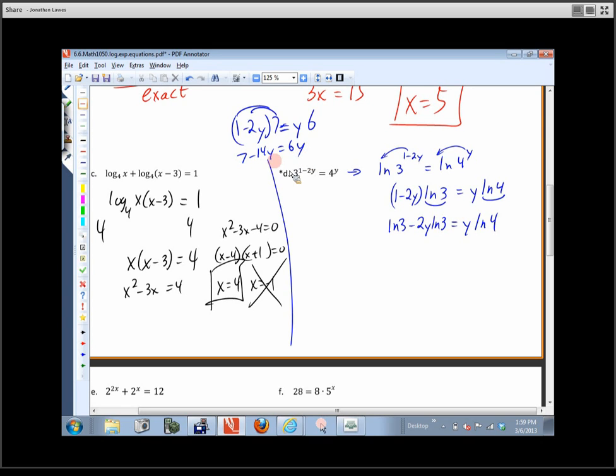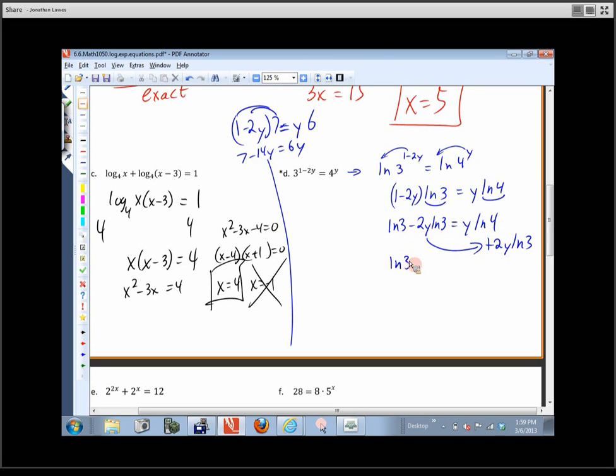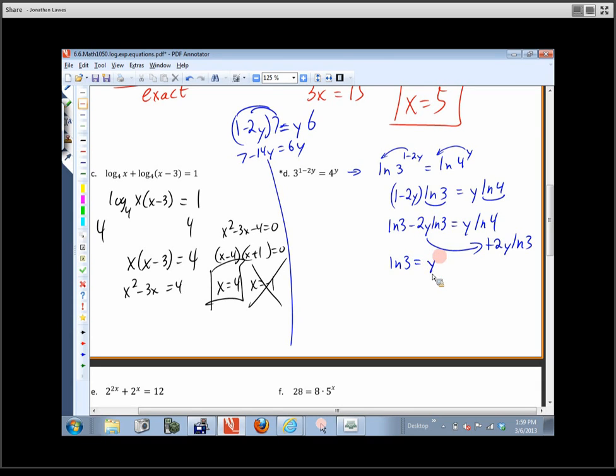So if we were solving this problem, what would we do? We'd move the 14y over, right? So we're going to take this and move it over there by adding 2y ln 3. So this is what I've got: ln of 3 equals y ln 4 plus 2y ln 3.